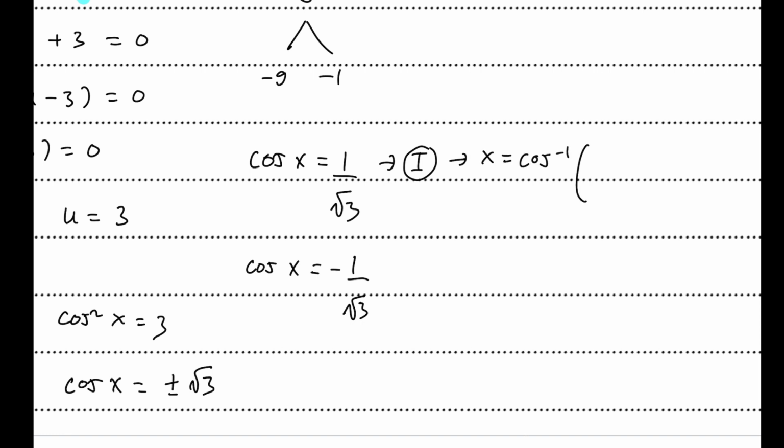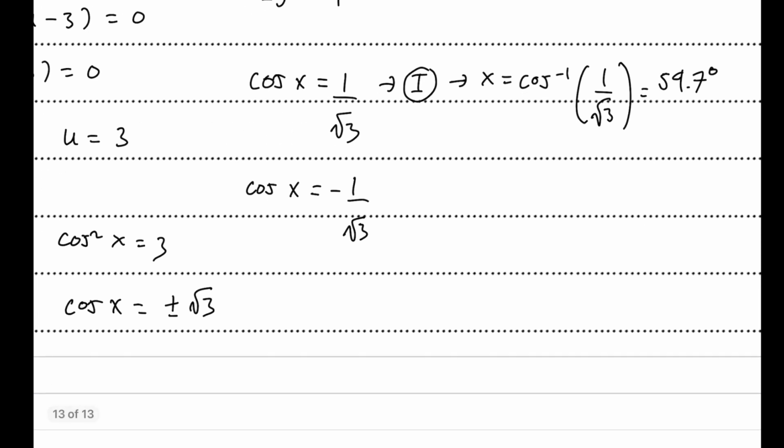Cos inverse 1 over square root of 3 gives us 54.7 degrees.